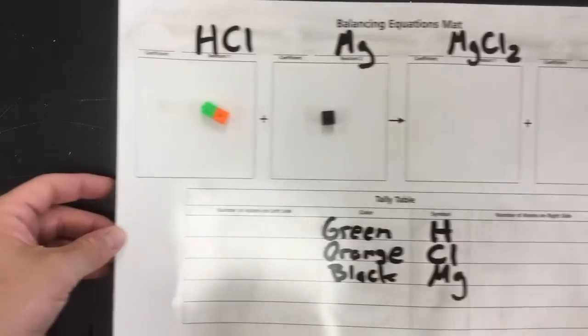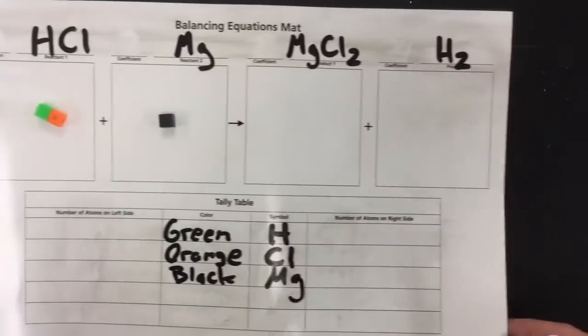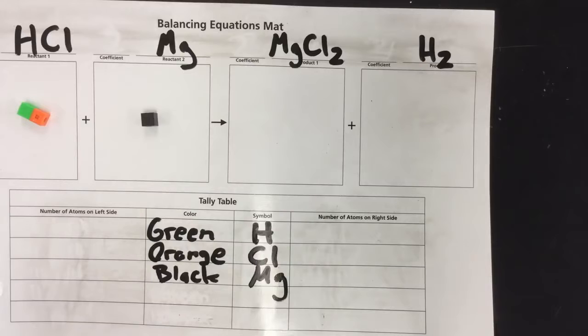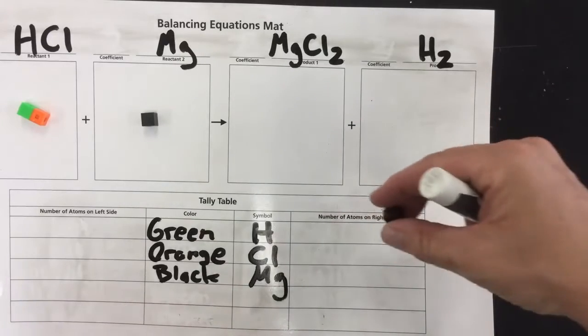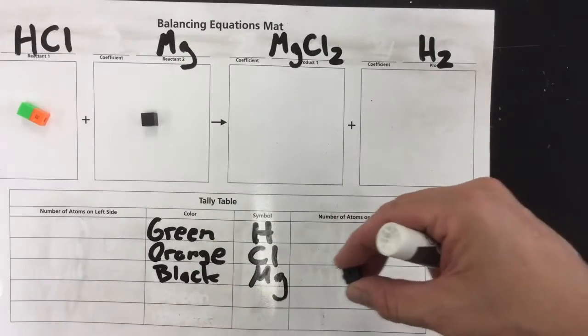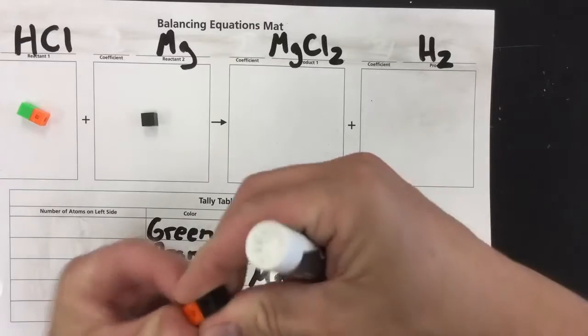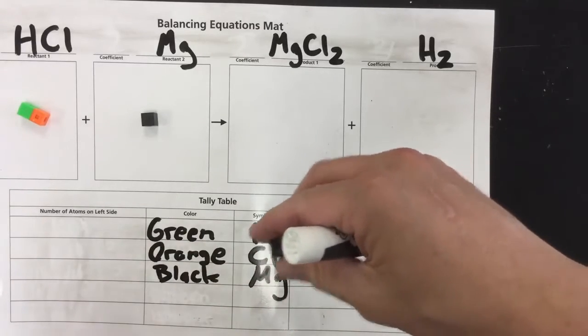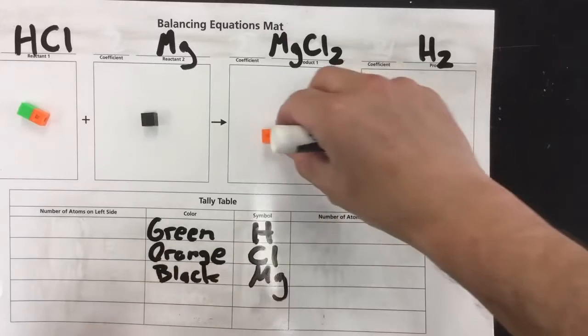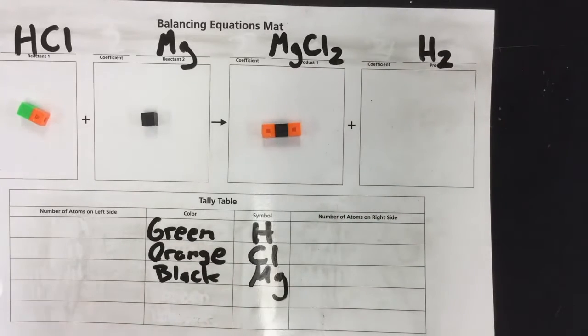Those are the reactants. Now over in the products, MgCl2, which if you do the crisscross method, magnesium chloride, that's its formula. So we need one magnesium and two chlorine atoms. So we'll put those together here. And again, each block represents one atom in our reaction.